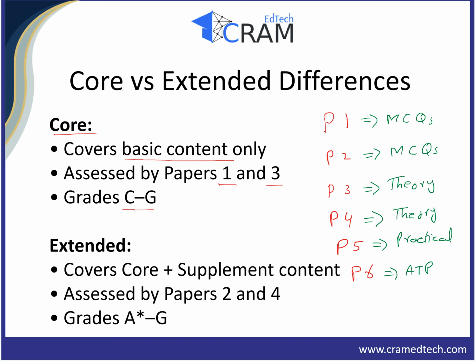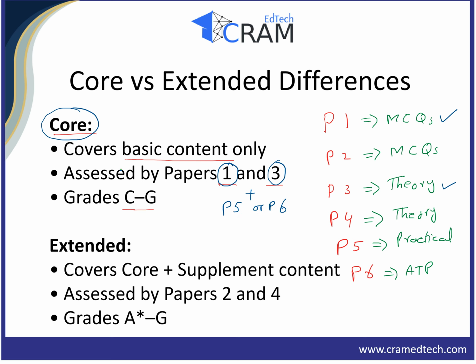When we talk about the core assessment, you have to appear for paper 1, which is for core. Then you have to appear for paper 3, which is also for core. Then after that you have to appear for either paper 5 or paper 6.